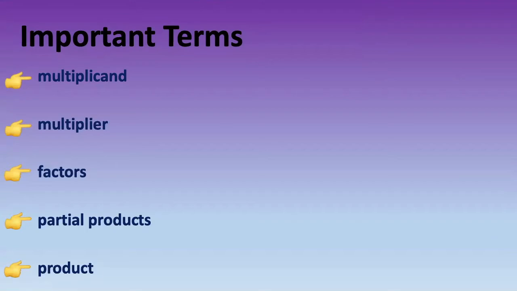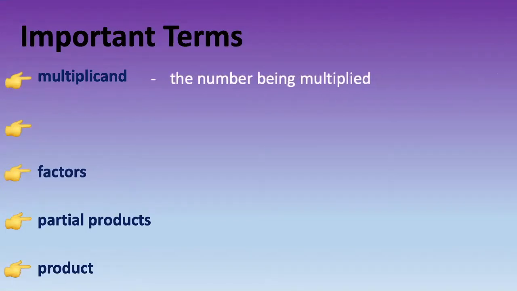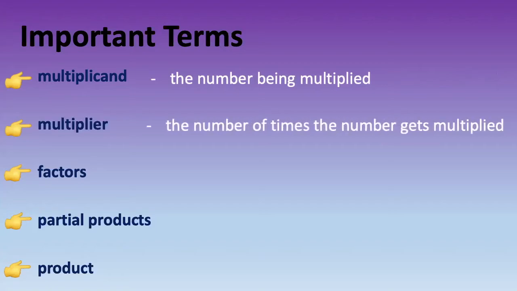Let's begin with multiplicand. The multiplicand is the number being multiplied. The multiplier is the number of times the number gets multiplied. So the multiplier is the number of times the multiplicand gets multiplied.